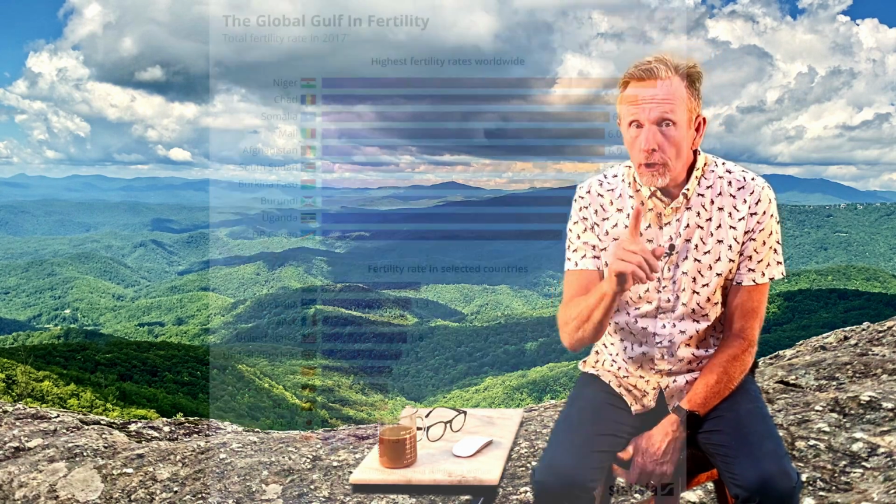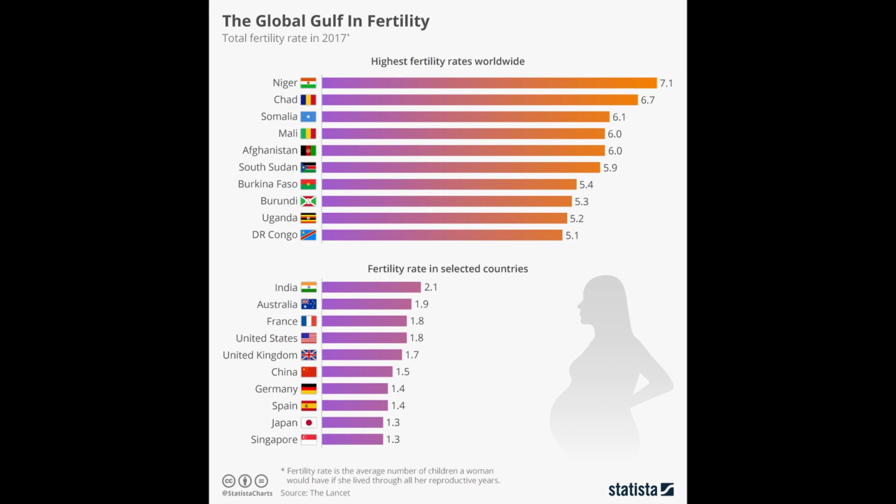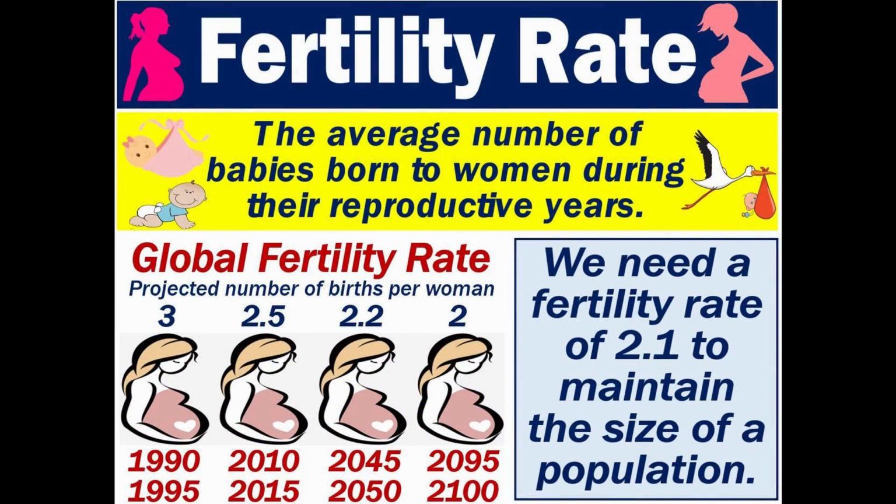Between 1955 and 2018, the global TFR, total fertility rate, dropped from 5 to 2.4. To actually halt population growth, we have to get to what? Yes, 2.1.